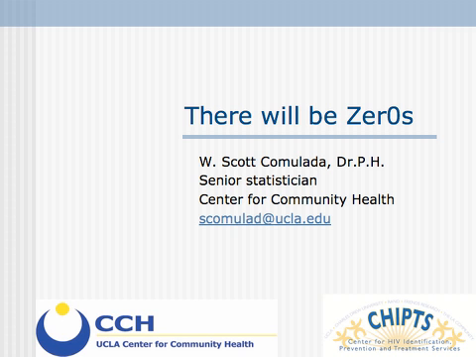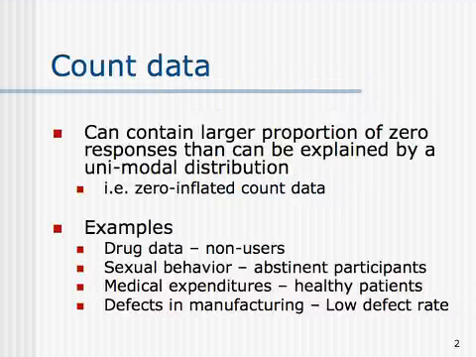All right, so I'm going to be giving an overview on how to analyze count data that has a lot of zeros in it. As we know, count data can contain a larger proportion of zero responses than we can explain by a unimodal distribution. I'll get into that with a picture in a minute.